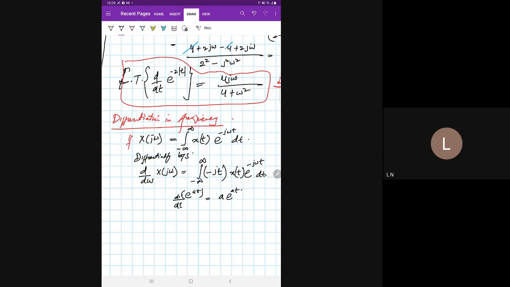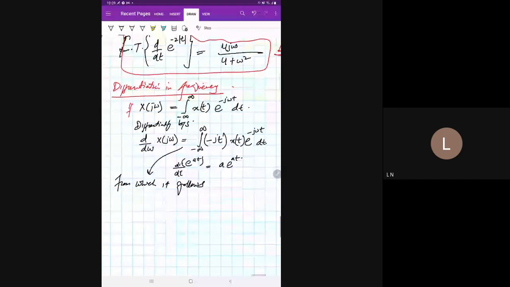This is differentiation, from which we can say it follows that minus j t x of t, d by d omega of X of j omega is equal to its Fourier transform. We can relate it to the general form.